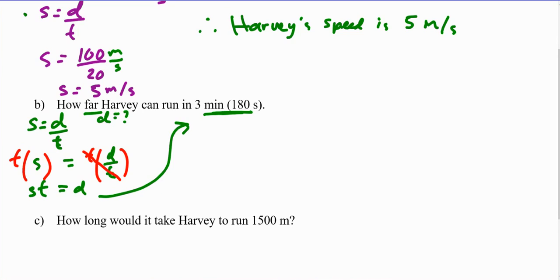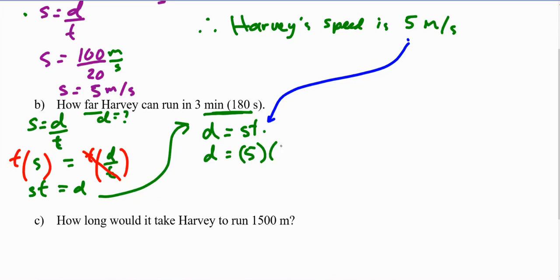You can also rewrite it so the D is on the left and the ST is on the right. So D equals, well, you got to borrow this from here. And so our speed is 5. Our time is 180. We're getting that from here.